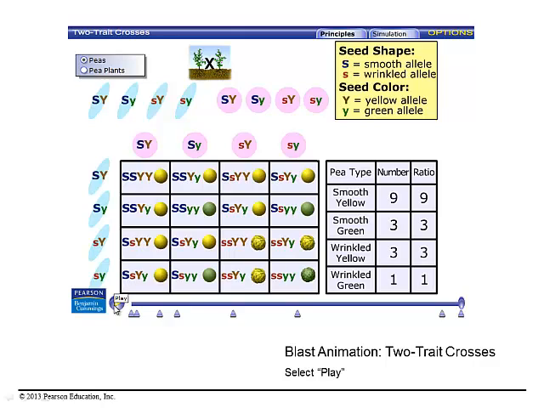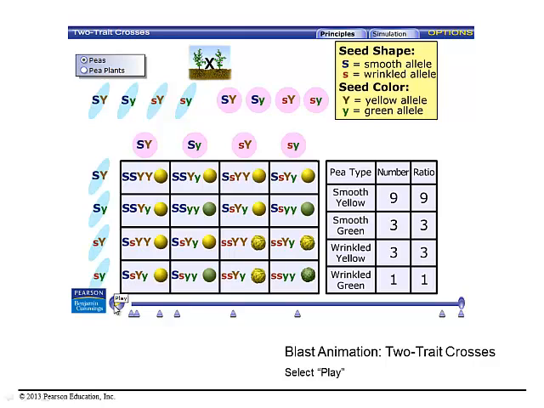Now, for the dominant traits, they tend to be that higher number. So how many of these guys are smooth and yellow? Even though some of them are homozygous for both traits, or homozygous for one and heterozygous for another, it doesn't matter.